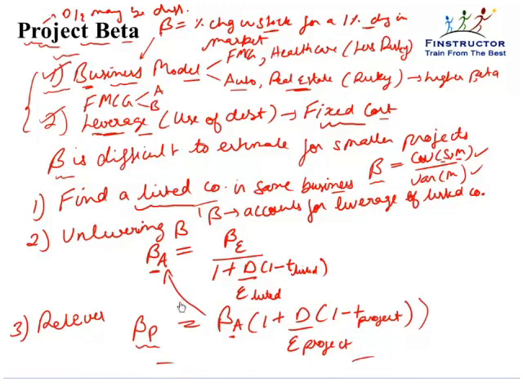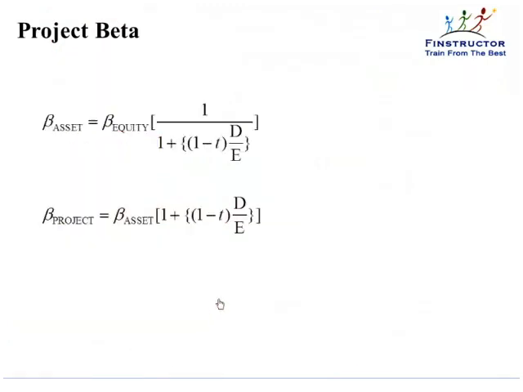Let's understand this concept a little better with the help of an example, and you'll understand why we're dividing it and multiplying it again. So just the formulas again. Beta asset is beta equity into 1 upon 1 plus (1 minus T) into D by E. Remember, both of them have to be of the comparable company, not your project. This is the comparable or the listed company, which has an easy beta available, for which the beta equity is easily available as covariance upon variance.